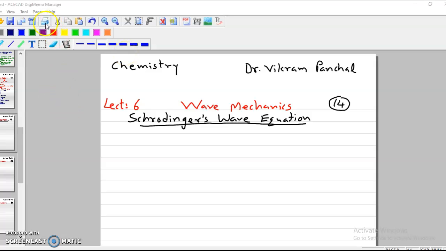For that, let us consider one condition: one string is tightly attached to this and held tightly. Now, if you tap this string, it will produce vibrations, and the string will vibrate in this manner.